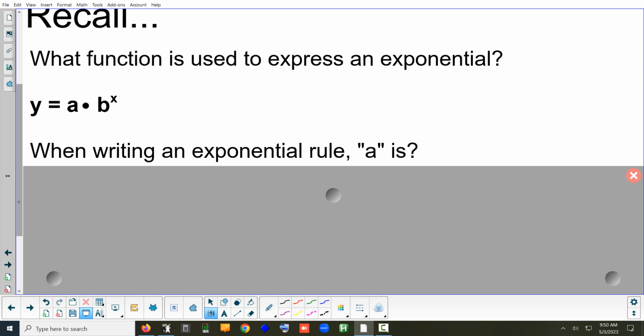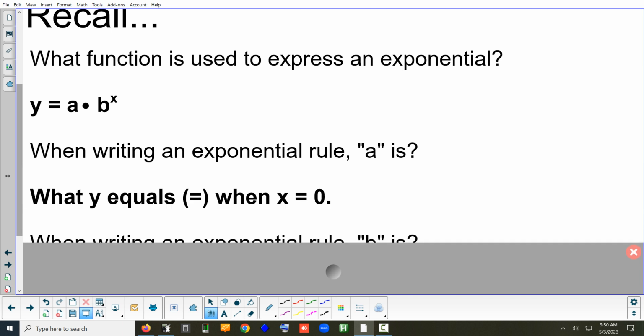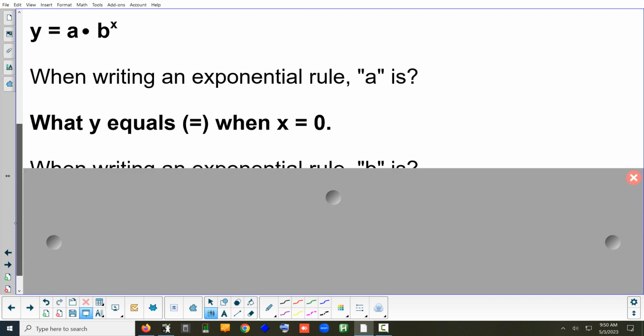And when you're writing a rule from a table, Tirza, how do you get the a value? Whatever matches up with 0 in the x column. Yep, so you look at where the x column will have a 0 in it. You look at that, and then you look at the number that's in the y column. So it's what the y value is when the x value is 0.